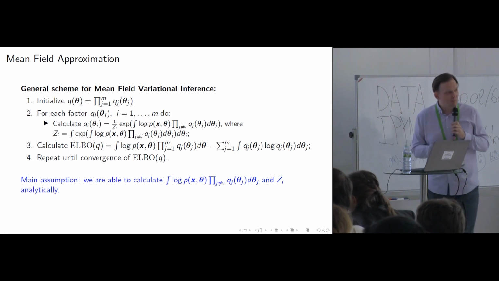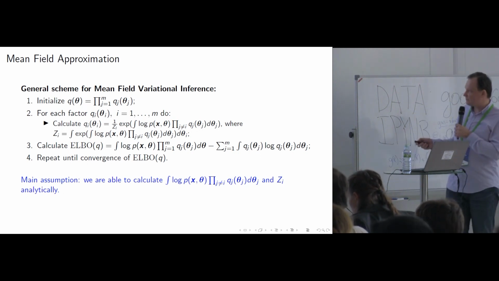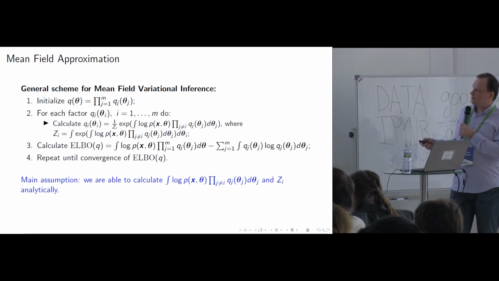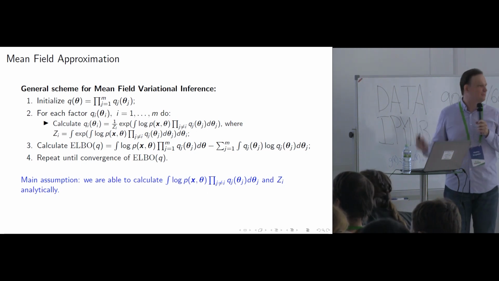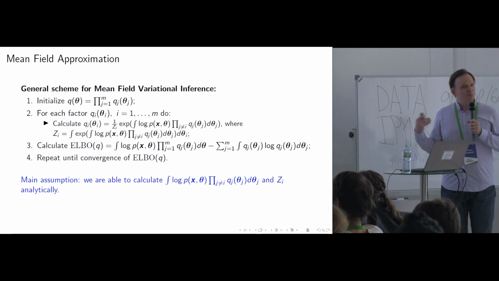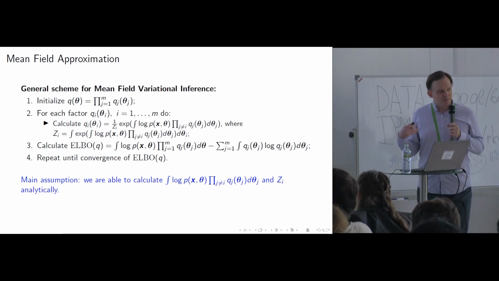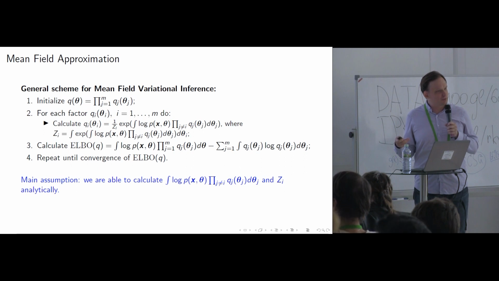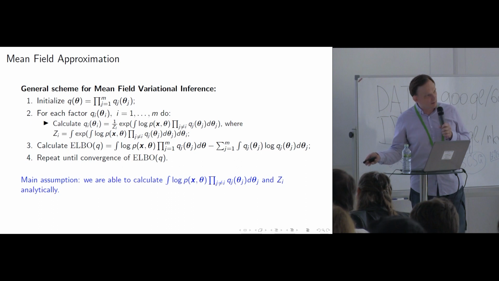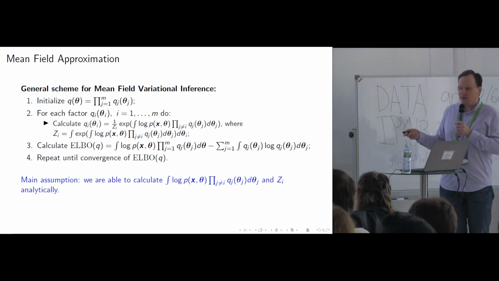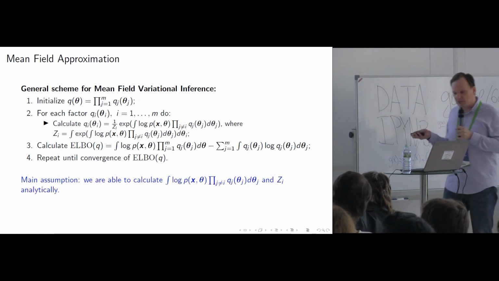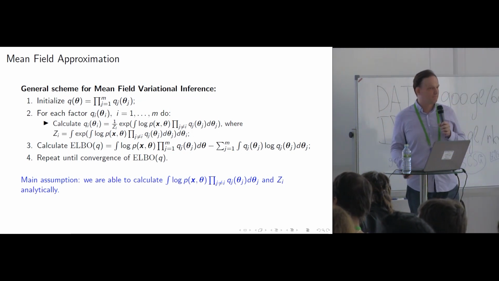Okay, you might ask the following question. Here, as you see, stands the multidimensional integral with respect to all model parameters except for one factor. If we consider the calculation of the posterior distribution, there also stands some integral with respect to all model parameters. So here and there, a similar multidimensional integral.